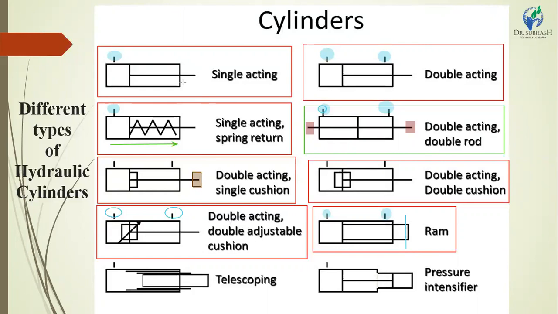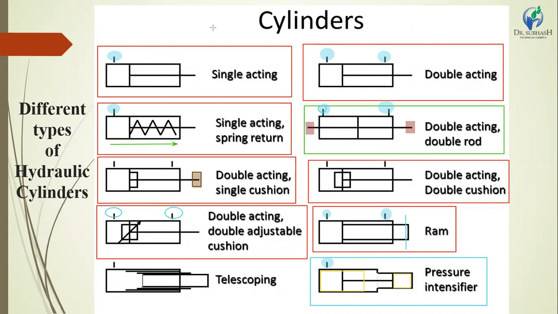The next is a pressure intensifier. It creates higher pressure and lower pressure as per requirement. Here it works on a single side pressure intensifier. We have to understand it in detail. Here the piston's inner side has a very high volume and this side has a very low volume.